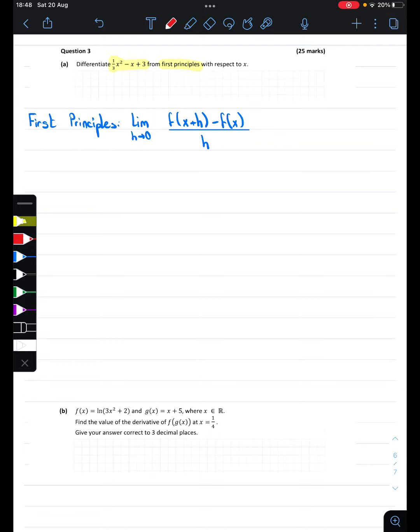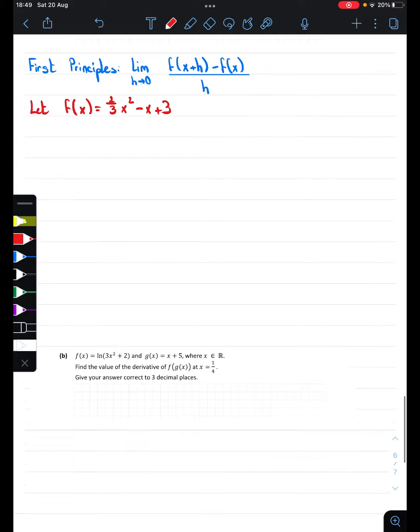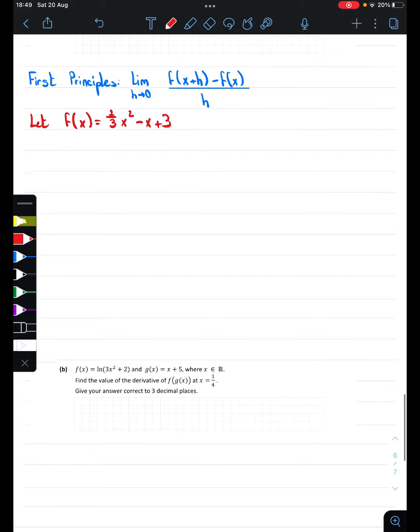So let's just let f of x, our function, be 1/3 x squared minus x plus 3. And so, what is f of x plus h? Well, just put in x plus h wherever you see x, equals 1/3 (x plus h) squared minus (x plus h) plus 3.